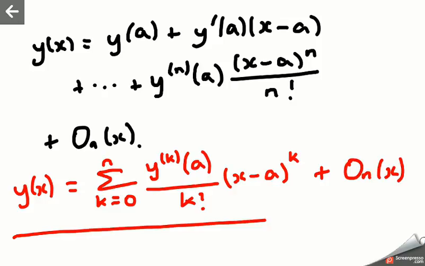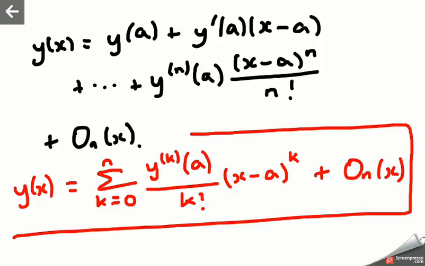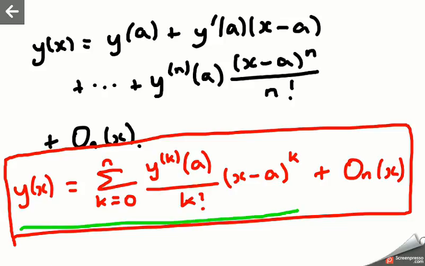So this is not quite our Taylor series yet, but the first part of it, all the way up to here, is called our nth order Taylor polynomial because it has n terms.